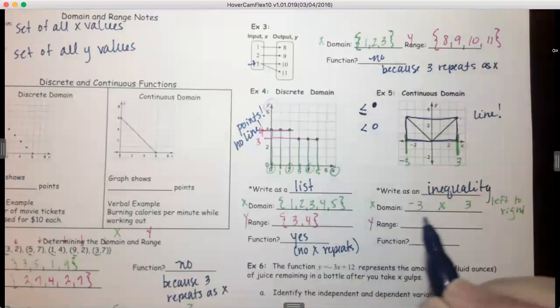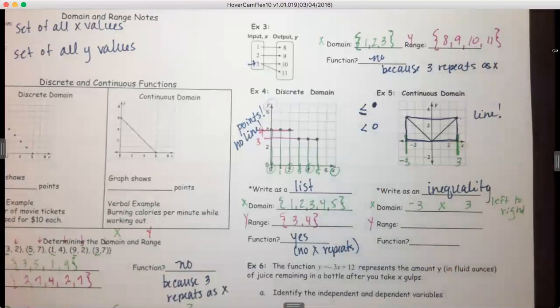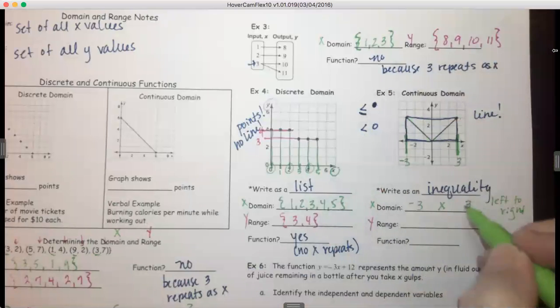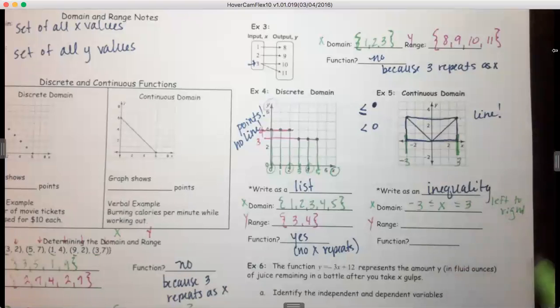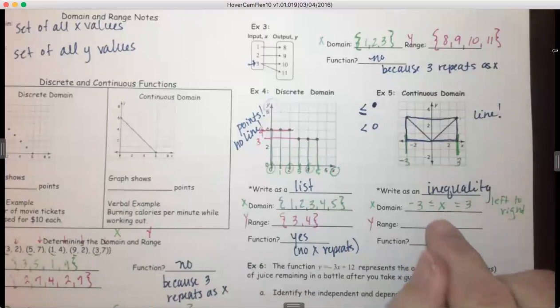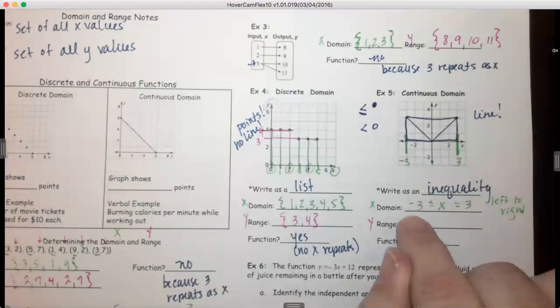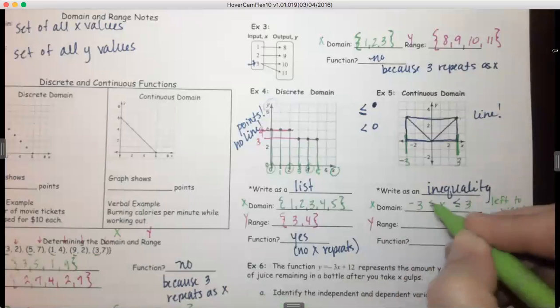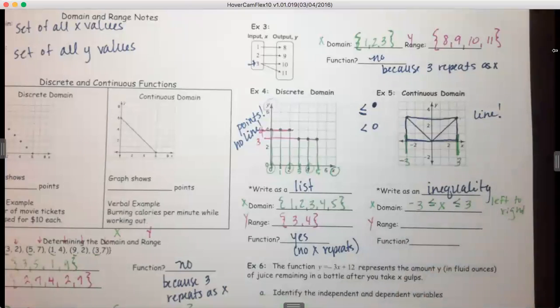So I always remember. Also, it's on the front of the classroom if you need to look at it. Okay, so I see that I have 2 closed dots, so I'm going to put this in. Notice they're both less than signs. This is telling me that X is between -3 and 3, and it can be -3 and 3. Okay, for this task right here, we never use greater than signs. You don't have 4 to choose from, you only have 2 to choose from.